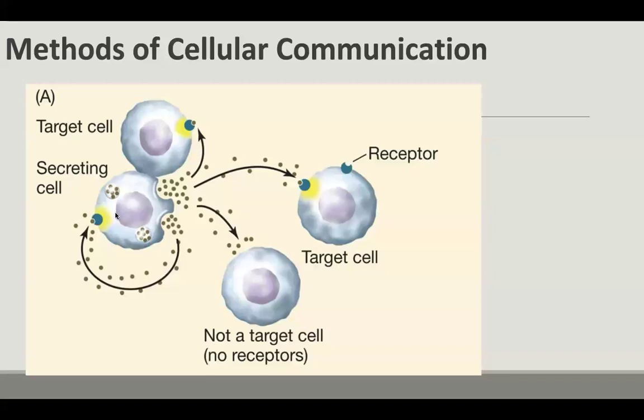Then you also have juxtacrine. Juxtacrine is when you affect adjacent cells, so cells right next to each other. So here, the signal is released, affects the adjacent cell here. You also have paracrine. Paracrine is when you affect neighboring cells, so the signal is sent out, affects the target cell somewhere else. And for these signals, there needs to be specific receptors. If there aren't any specific receptors, the signal isn't able to be bound to it.